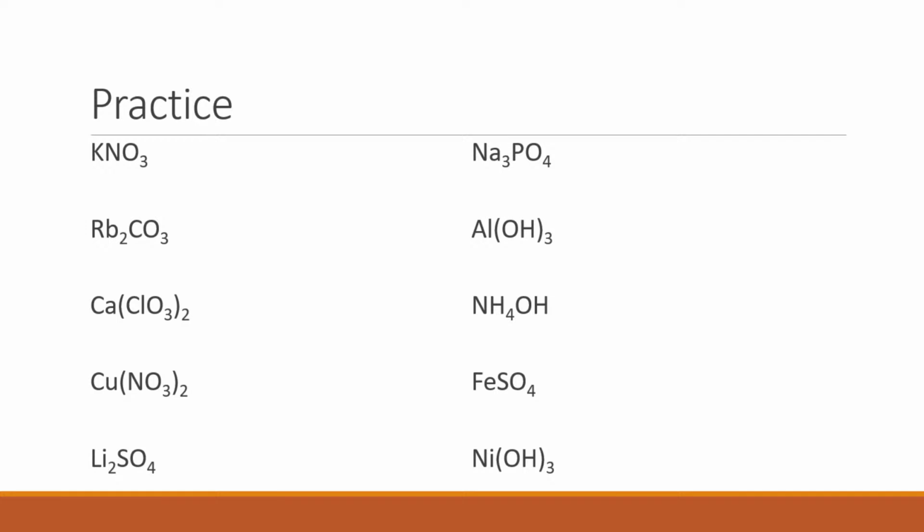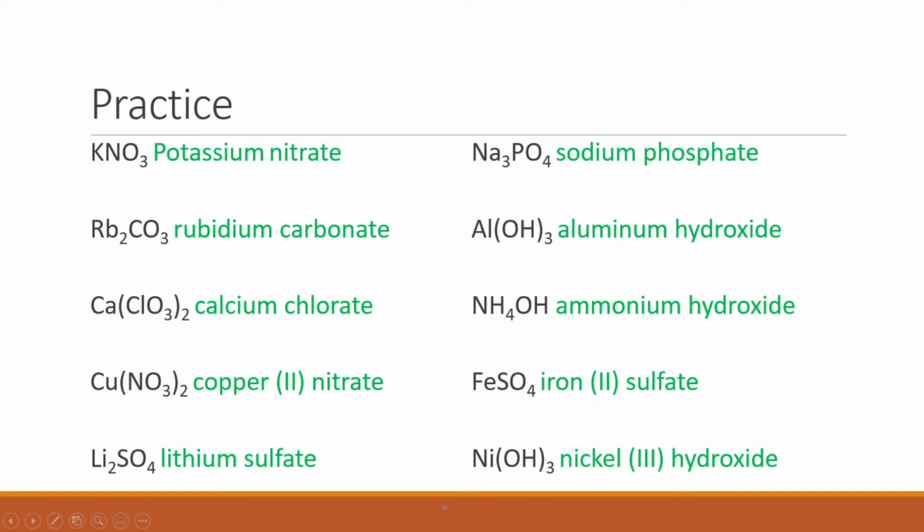When we look at these compounds and get their correct names, it should look something like this. Each one of these compounds contains a polyatomic ion. And when they're not already placed in parentheses for us, we have to do that ourselves.